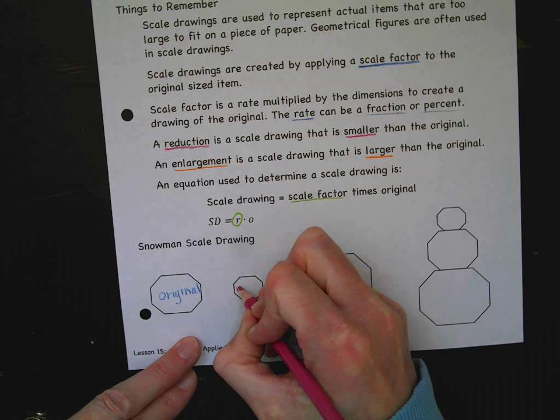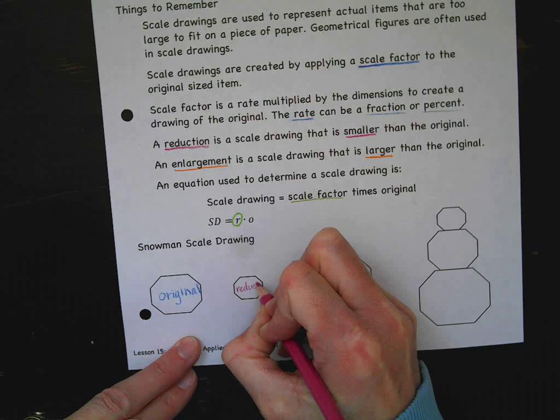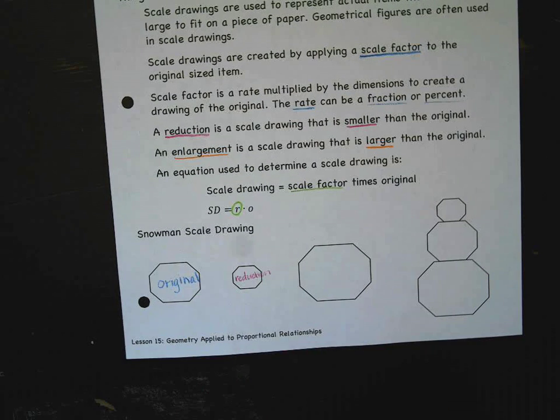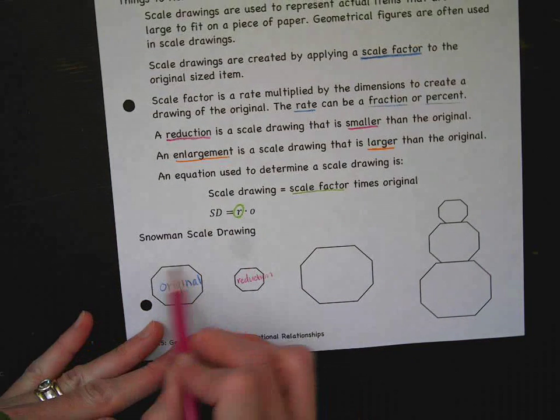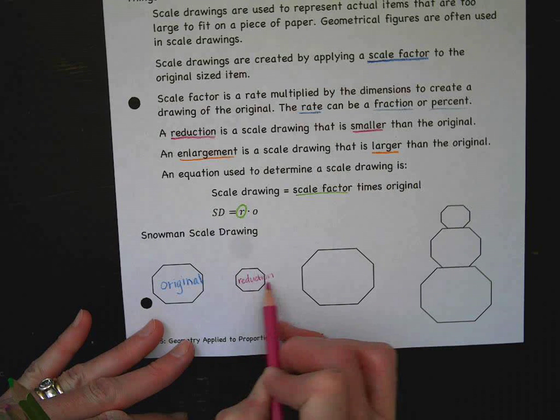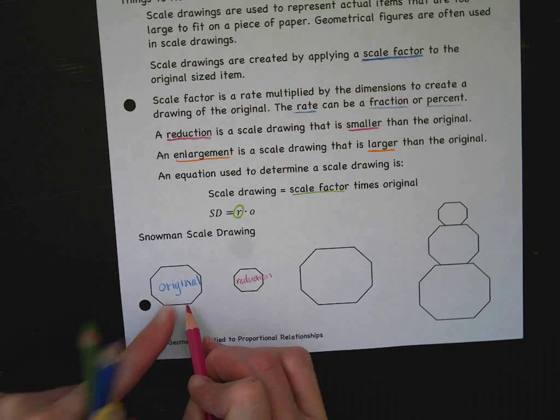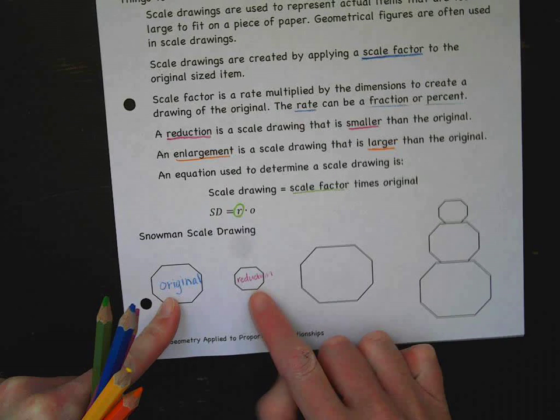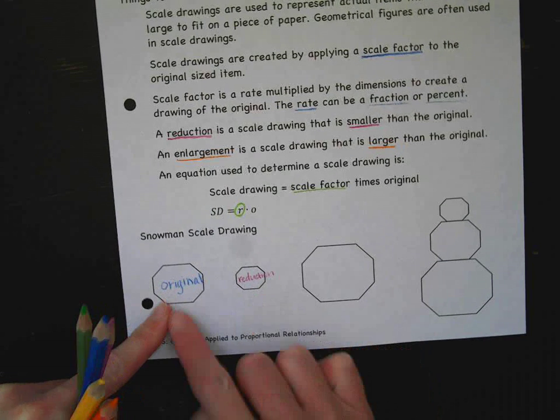That pile of snow would be a reduction. And how do you know that it is a reduction? Well, the way we know is this is the original size. This one looks smaller. So that is a reduction. So when you have the original drawing and the drawing looks smaller, then you know it's a reduction.